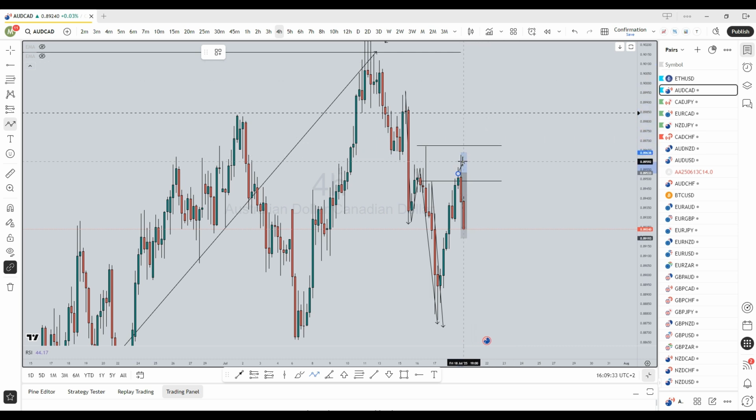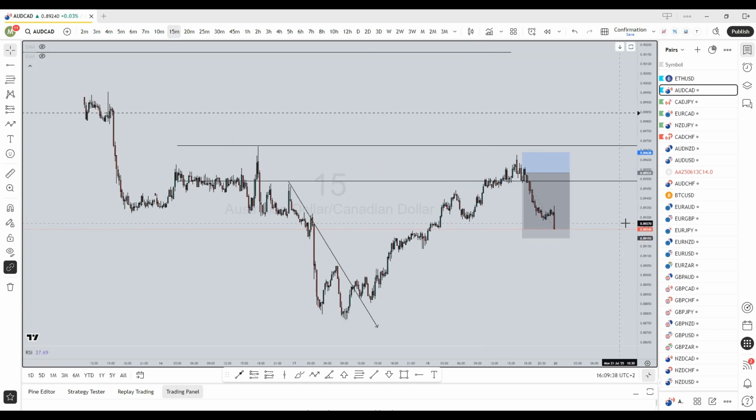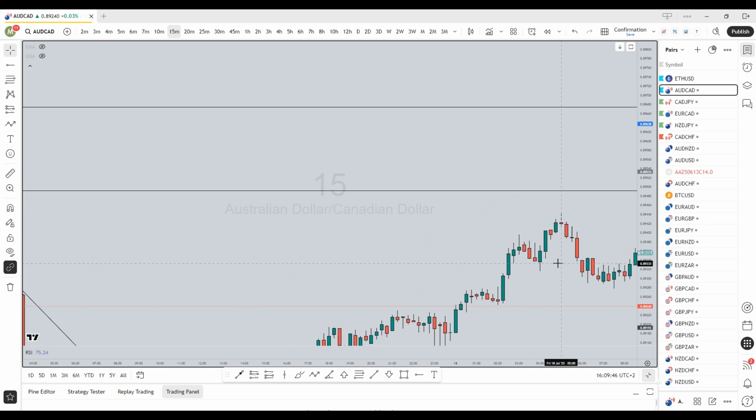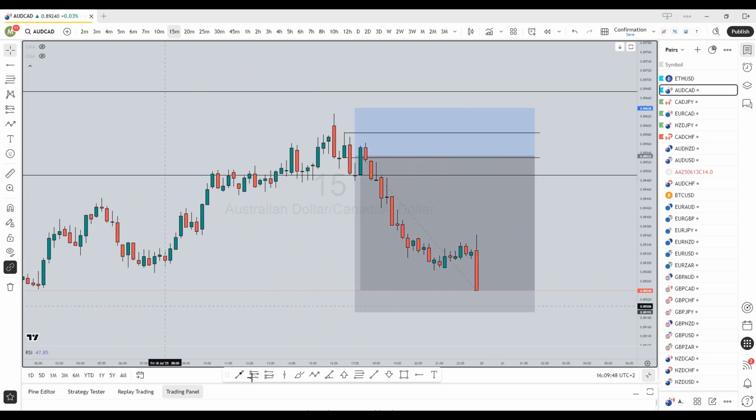But I got a rejection right here, and then I think on the 15-minute time frame, after getting that rejection, I marked out this zone right here. We have an aggressive move down, aggression, and then some consolidation, another aggressive move down.